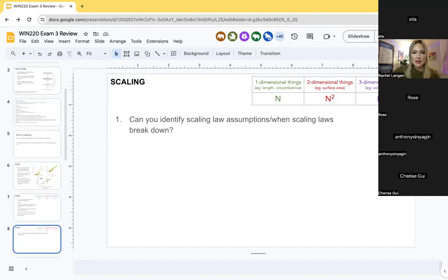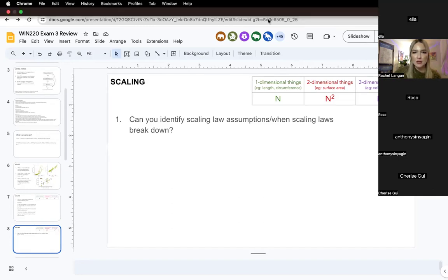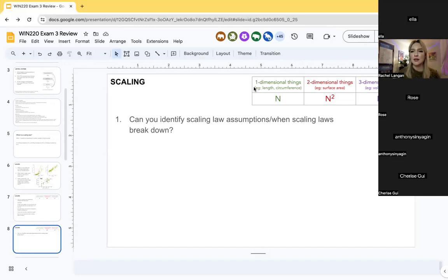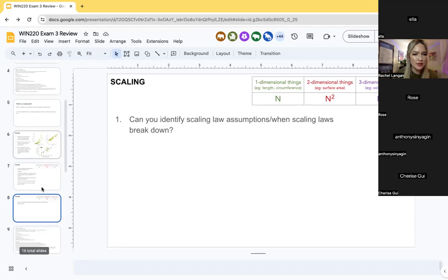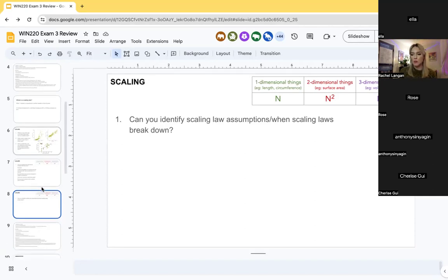Because of that, your actual values for, say, mass might be off. So just be aware that there are assumptions and they can break down, such as in the example of body composition. And that is it for scaling. Any questions on scaling?